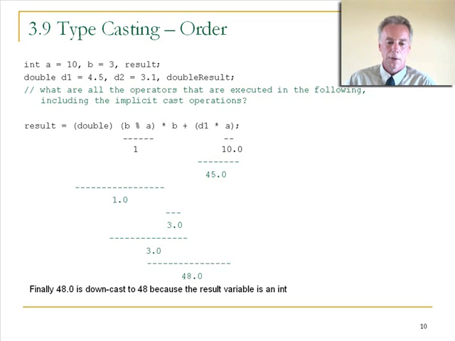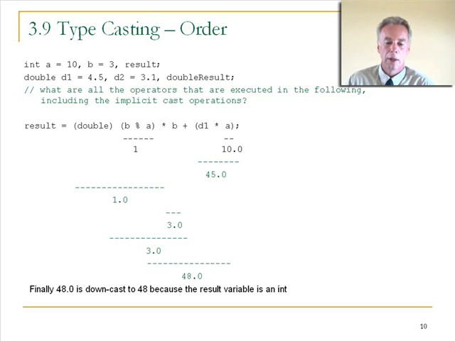So when you look at this expression, first what happens is inside the parentheses. So b modulus a happens first, and that's 10 modulus 3, which is 1. And then the other set of parentheses on the right, d1 times a. Before we can do the multiply, we have to implicitly upcast the value in a.